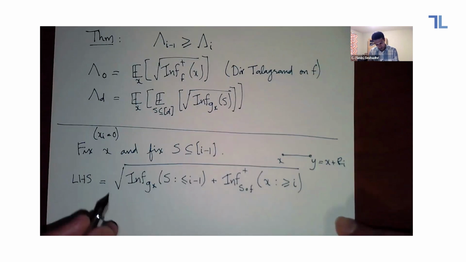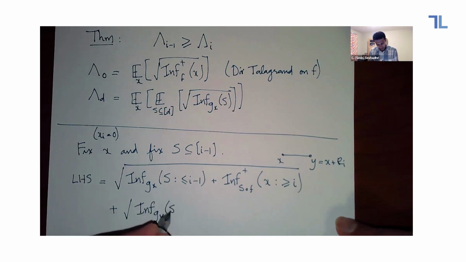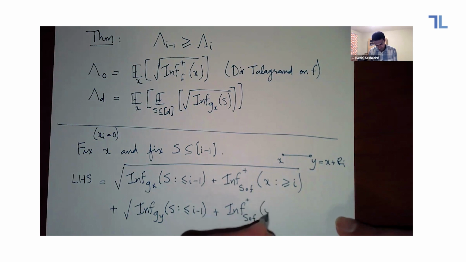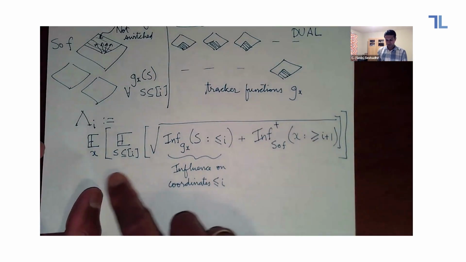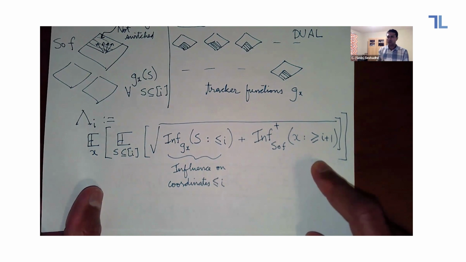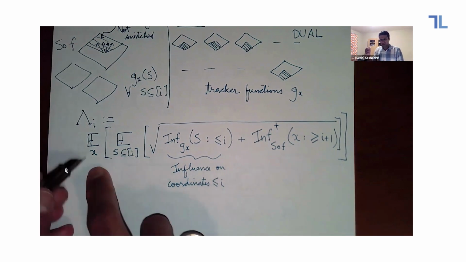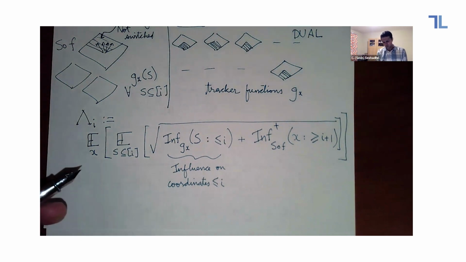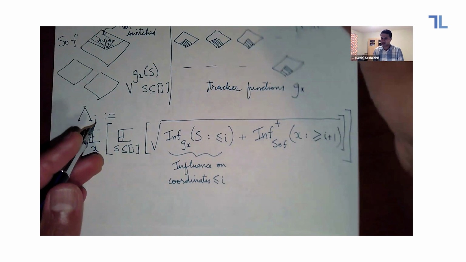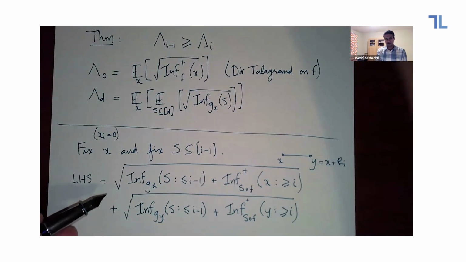I wrote this long-winded expression, and the influence of G_y of S, i minus 1, plus the influence of S circ F of y, and i. All I'm doing is looking at this expression for i minus 1, taking a term for x and S, fixing S, and also looking at what happens when I flip the ith bit. So I'm going to keep those two terms together. Observe that if I take an expectation over all x and all S, then I just get this back.